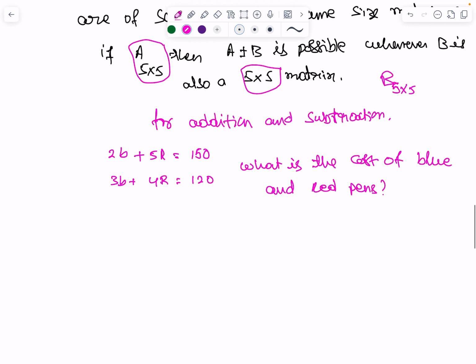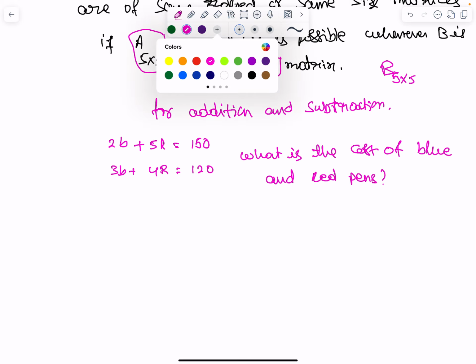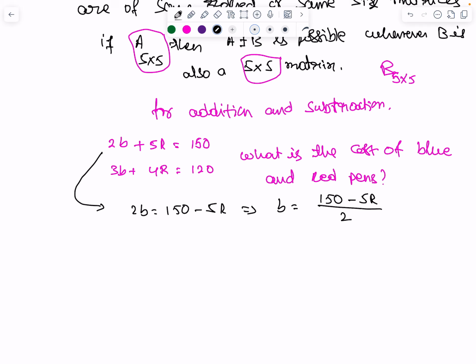So to find it, you have to use the concept of elimination procedure. That is, from here I can write 2b is equal to 150 minus 5r, and that implies b is equal to (150 minus 5r) divided by 2. You use this here in 3 times (150 minus 5r) divided by 2 plus 4r is equal to 120.